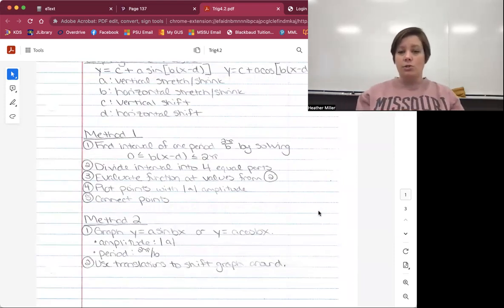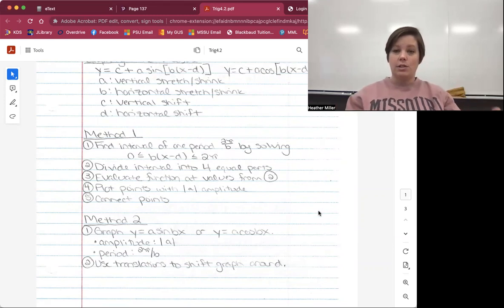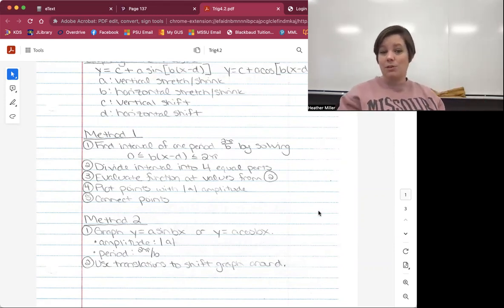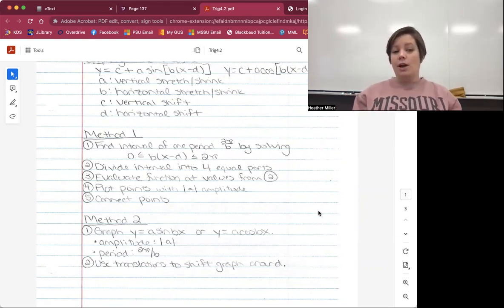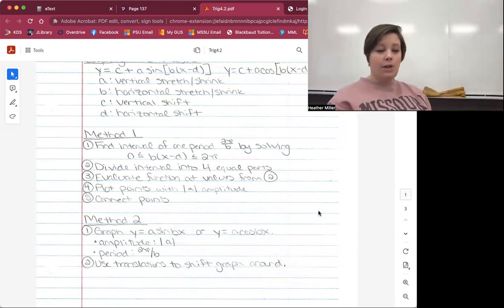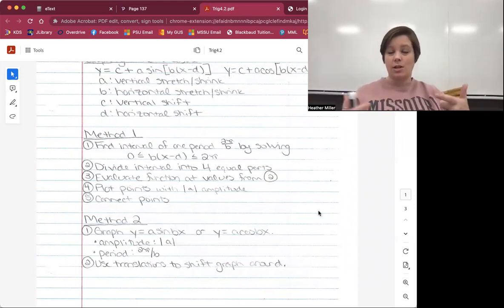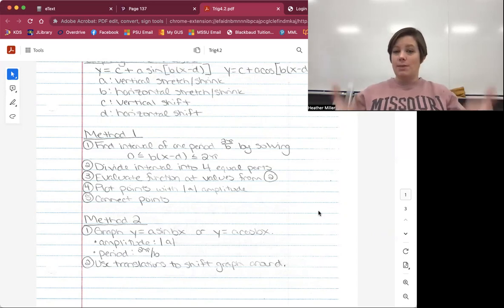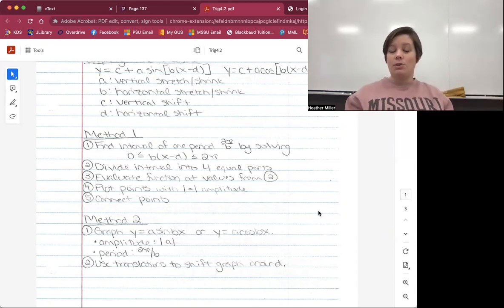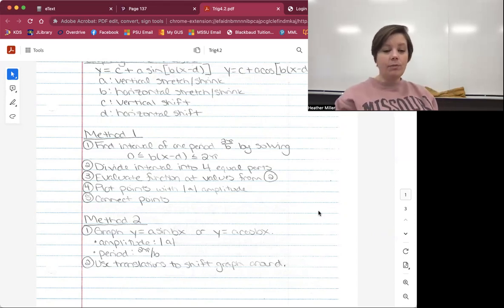Method 2 is where you think about, or you actually physically graph the basic mother function, or you graph a sine b of x, or a cosine of b of x, depending on if we're talking about sine or cosine. So we start with the basic one, and we examine the amplitude, we examine the period, and then we shift it. We do the shifting either vertically or horizontally, or both, depending on what our equation is actually asking us to do.